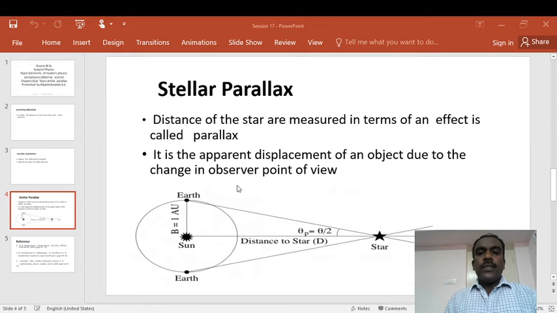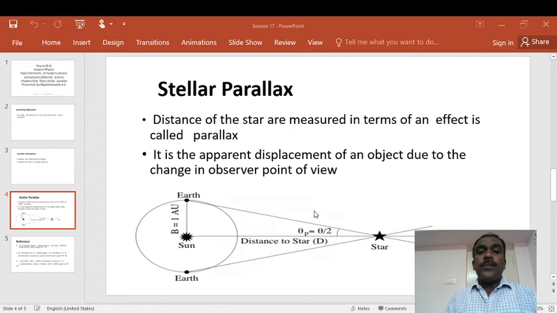To derive 1 parsec, or the parallax of one arc second, consider a star S1 observed from the positions P1 and P2, Earth 1 or Earth 2. First you observe from P1, the first position of the Earth. After 6 months, you observe the star from P2, Earth 2.